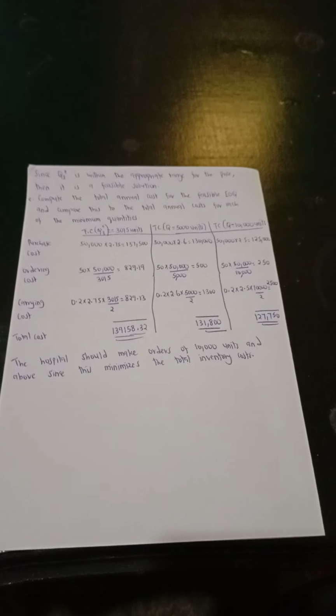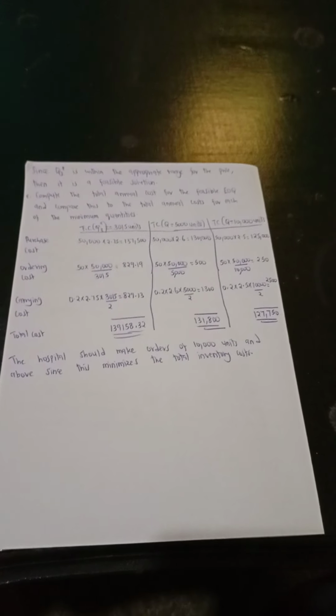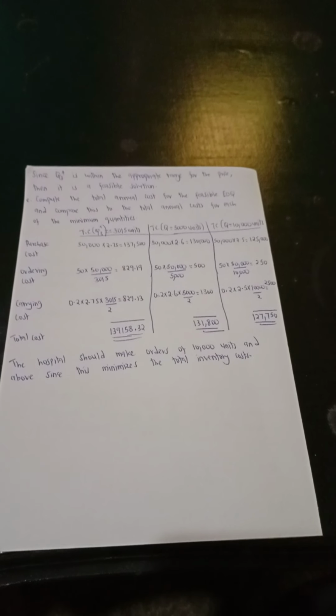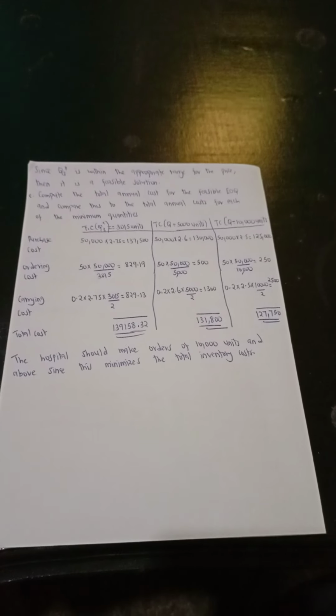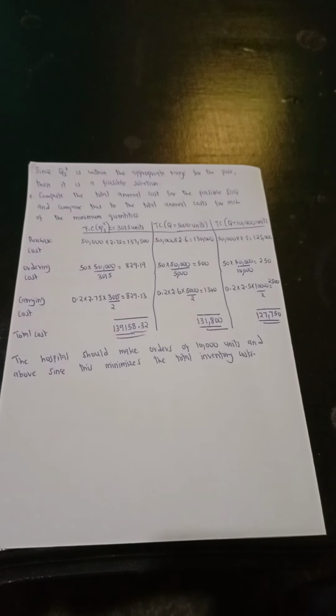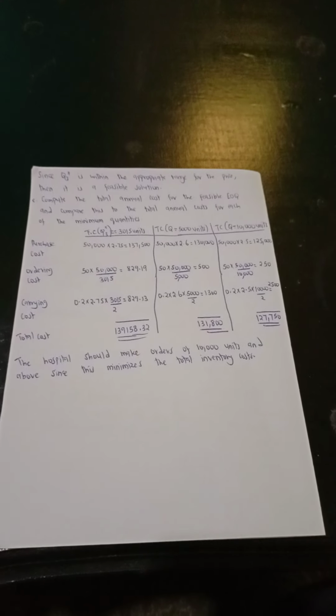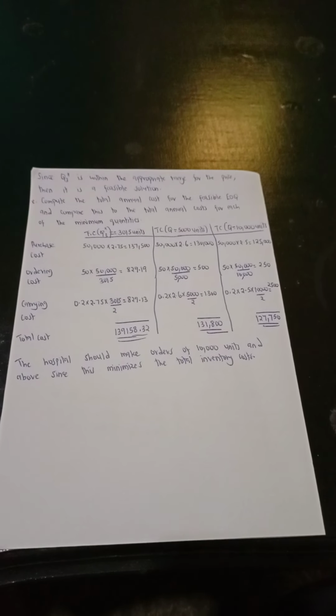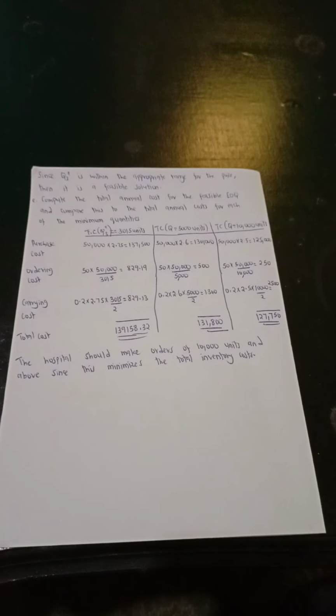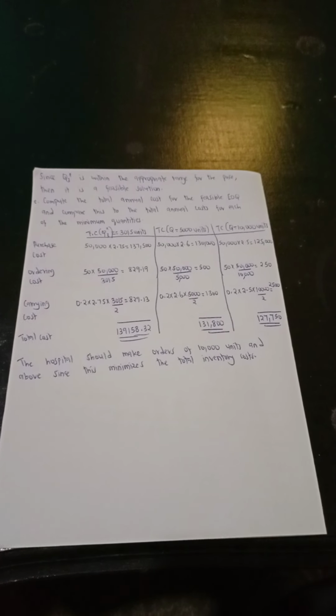So we look at TC when Q is 3,015 units. We see that the purchase cost is going to be 50,000 times 2.75, which gives us 137,500. The ordering cost is going to be 50 times 50,000 all over 3,015, which is going to be 829.19.